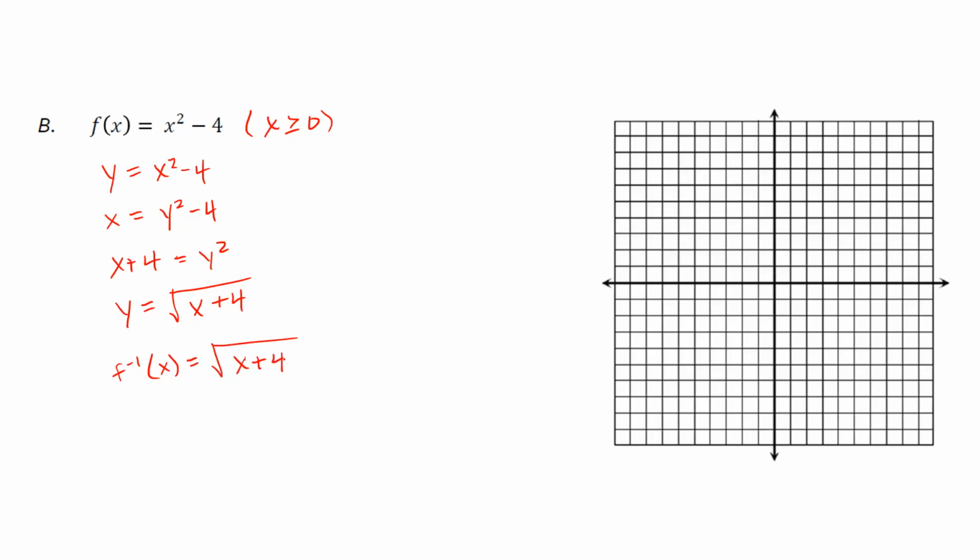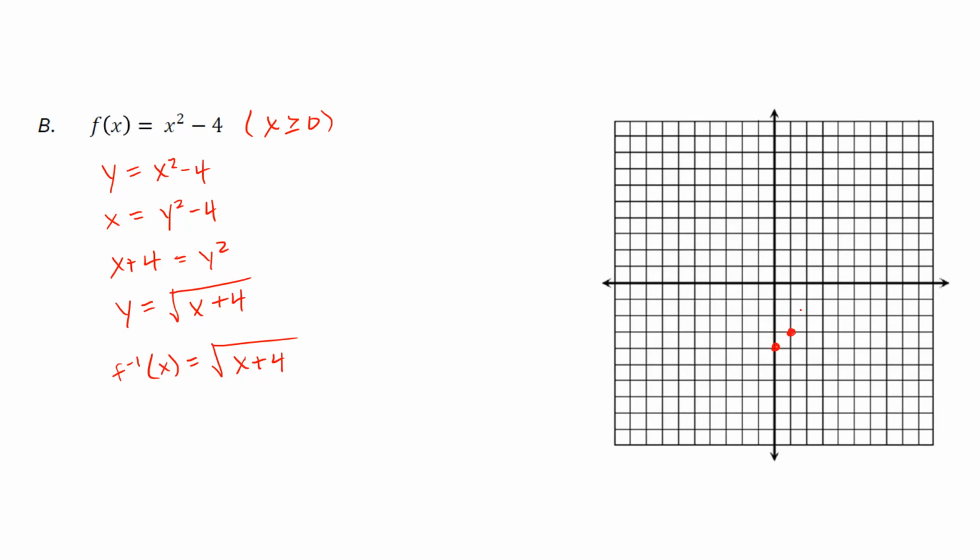Okay. So the first values we're going to plot are of our function f of x, and that is a quadratic. Right? So it has the point 0, -4 for its vertex, because if I plug in 0, I get -4. Then if I plug in 1, I'll get -3.